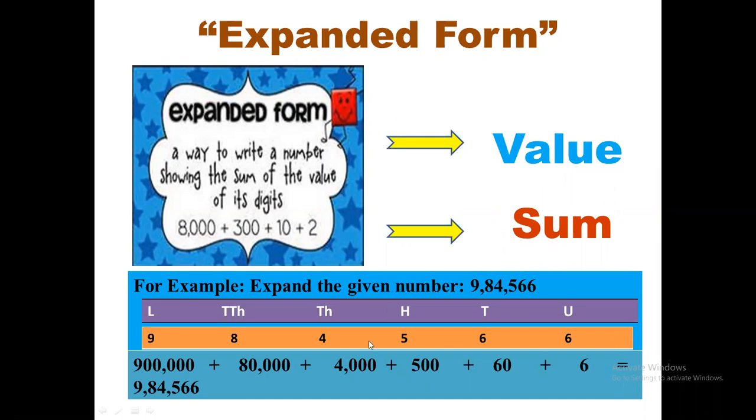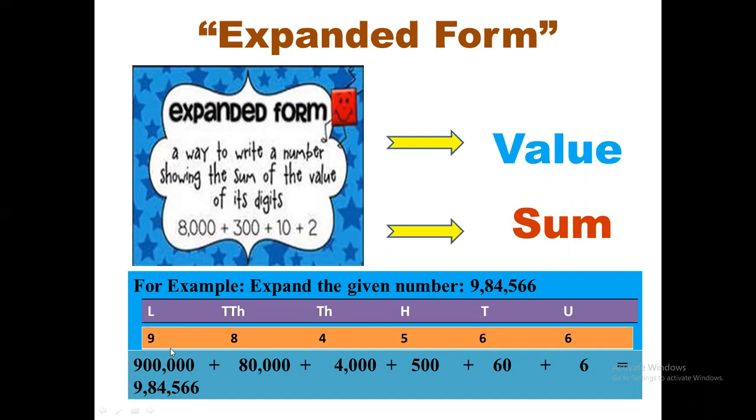So basically you have to move with the values of the given number, which is easily seen in this place value chart. Because the example which I have given over here is again a 6-digit number, a bigger number, you have to first find out its values in the place value chart. So I have written lakh, 10,000, thousand, hundred, tens, and unit, and I start putting the digits in their places like this.